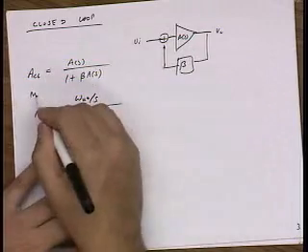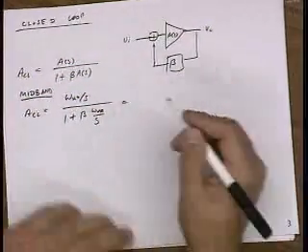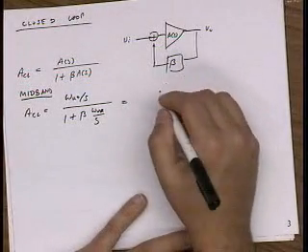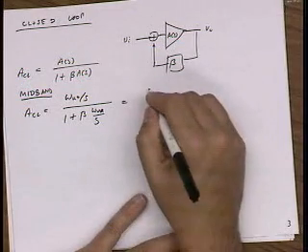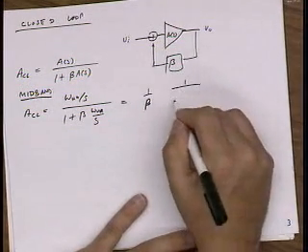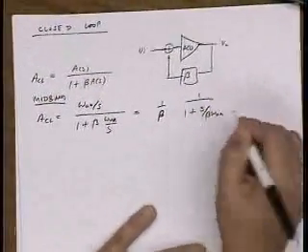So this is midband. And let me simplify this a little bit. I can write this as 1 over beta, the ideal gain, divided by 1 plus S over beta omega UA.